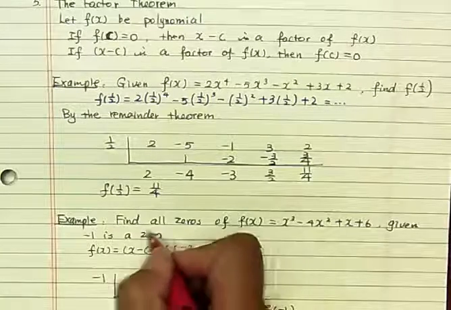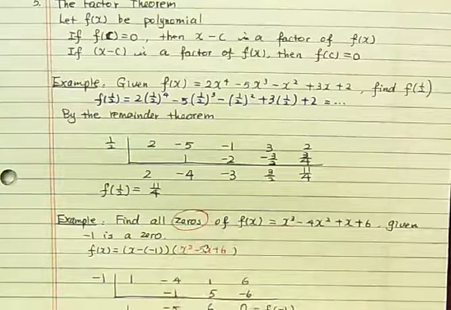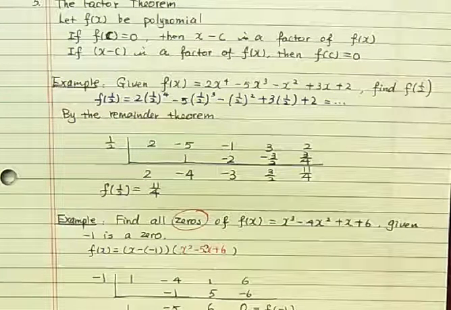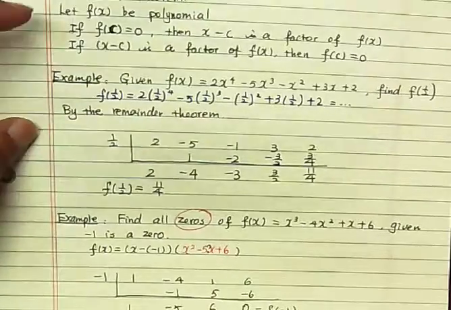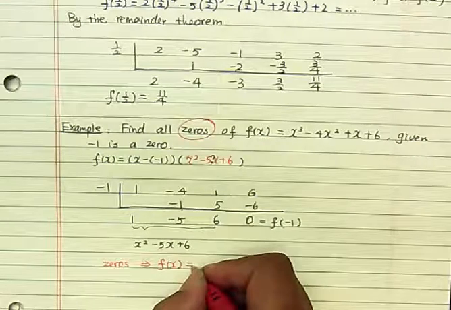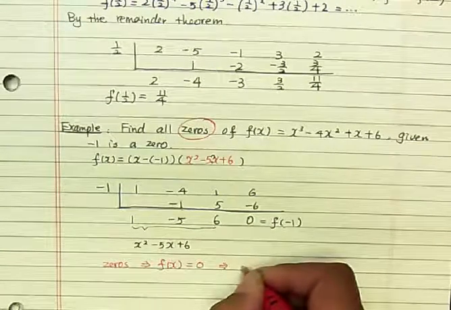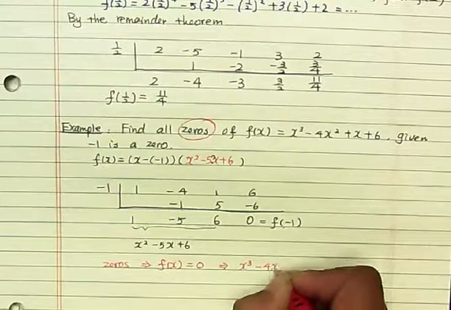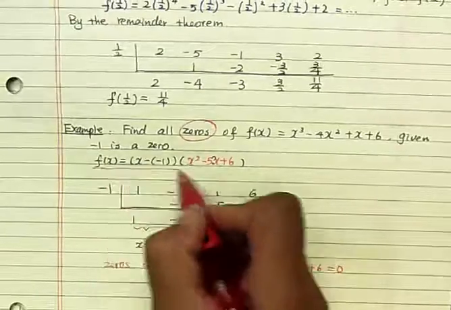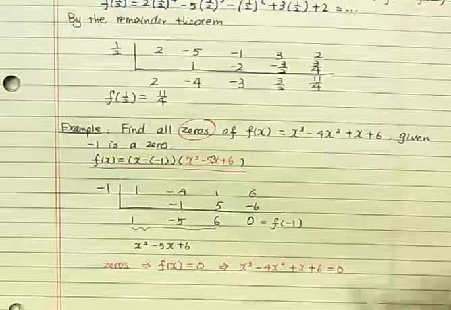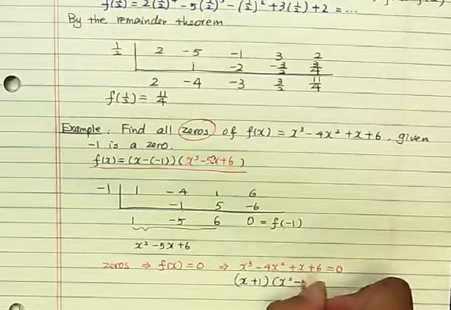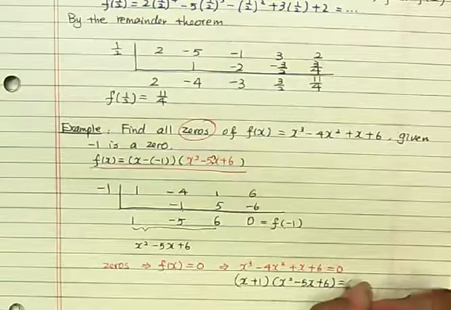So when you find the zeros of a function, we set f of x equals 0, which in this case is x cubed minus 4x squared plus x plus 6 equals 0. In this case, f of x can be written as x plus 1 times x squared minus 5x plus 6 equals 0.